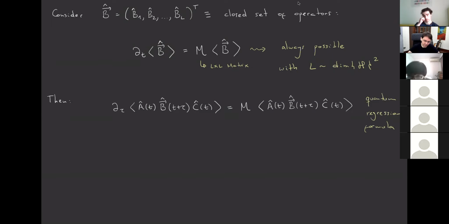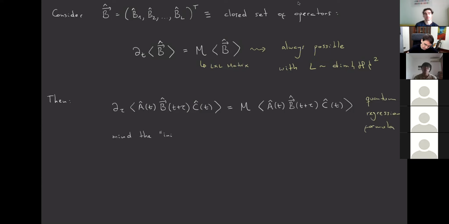Because this means that if you have solved the evolution of the expectation value of the B operators, then you automatically know what is your two-time correlation function. That's partially true, but not quite, because the initial condition of these two equations is very different. So mind the initial condition.